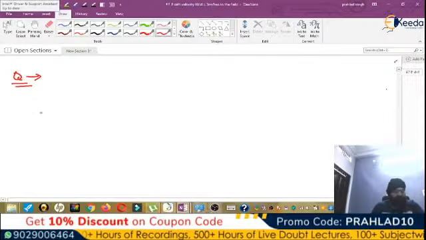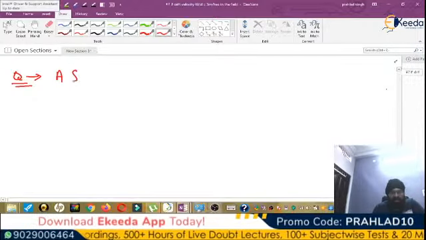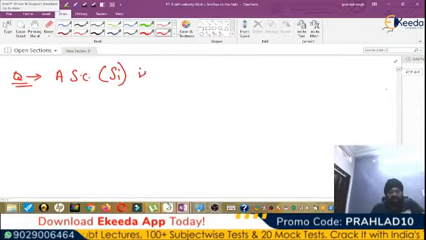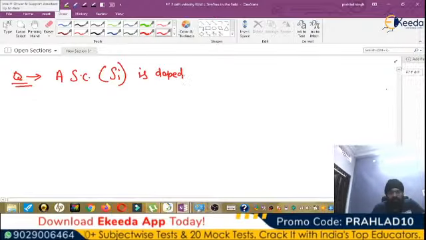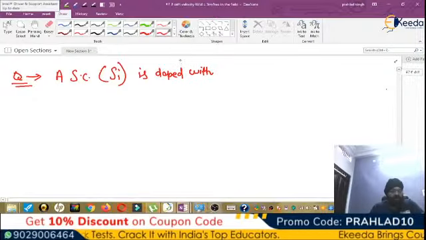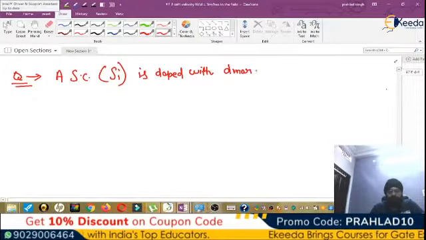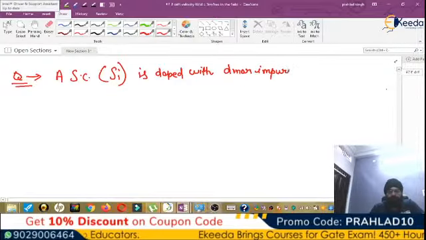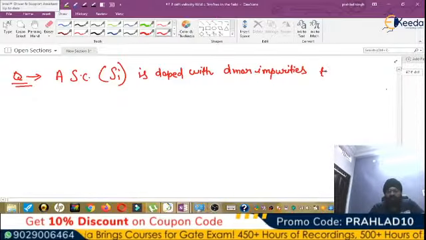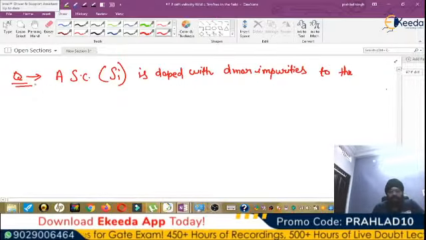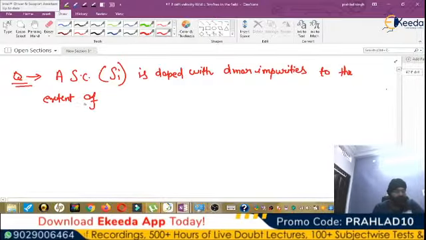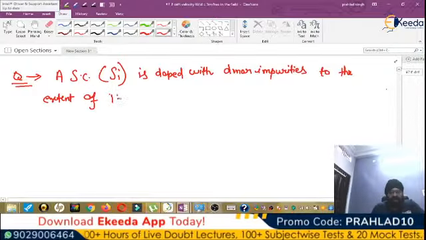So the next question is given: a semiconductor, silicon, is doped with donor impurities to the extent of 1 in 10 to the power 7.